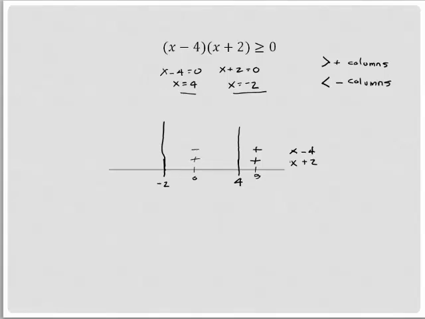That's negative, right? 0 minus 4 is a negative 4. Okay, how about negative 2? Let's pick a number over here, negative 3. Negative 3 plus 2, is that positive or negative? Negative. Negative 3 minus 4, is that positive or negative? Negative.